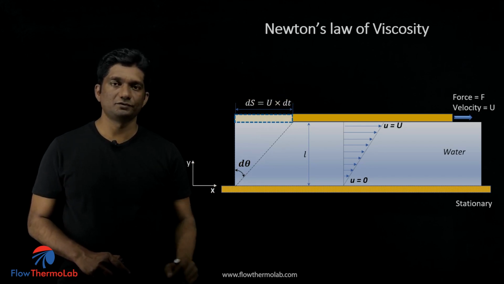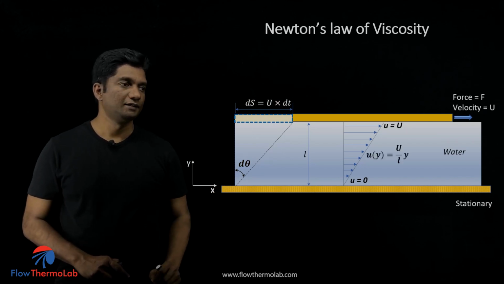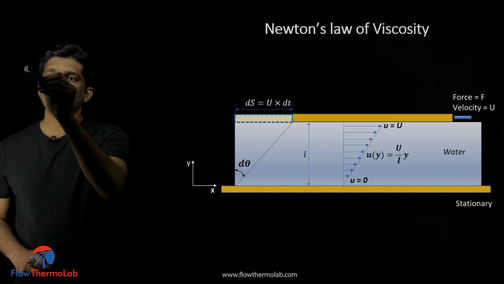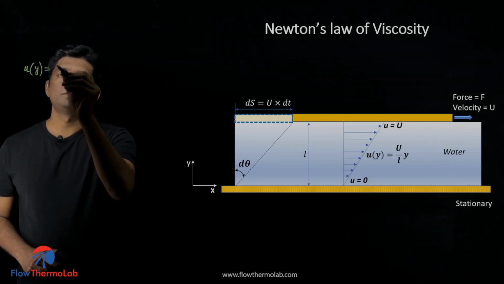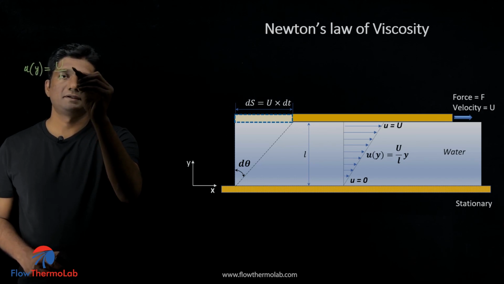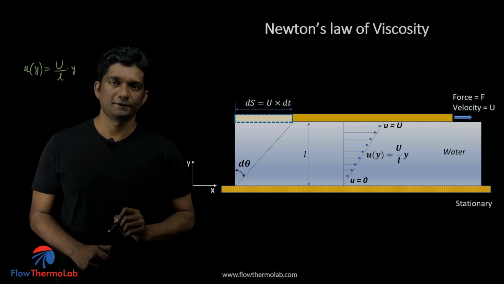One side u equal to 0, other side u equal to capital U, and it is varying linearly. So we can write down u(y), the velocity profile, is equal to capital U by L multiplied by y. It's an equation of a line.